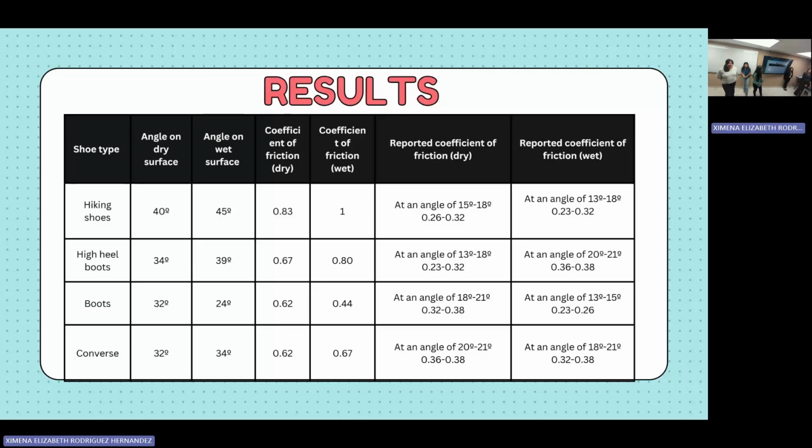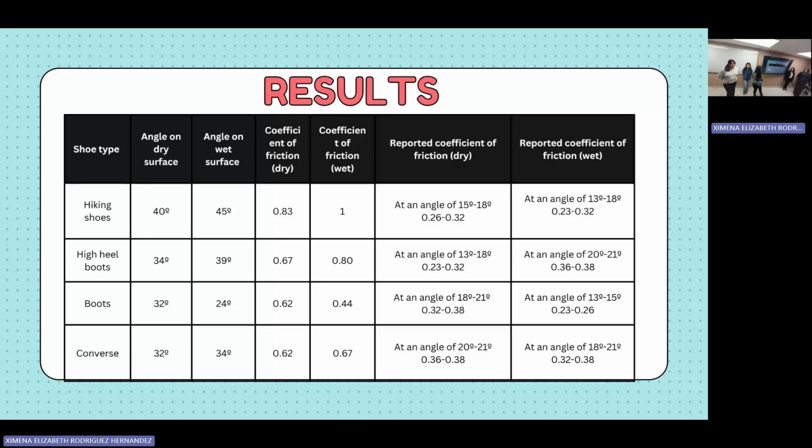The reported coefficient of friction dry is at an angle between 15 and 18, and it was 0.26 to 0.32, and the reported coefficient of friction wet is compared to an angle of 13 to 18, and is 0.23 to 0.32.